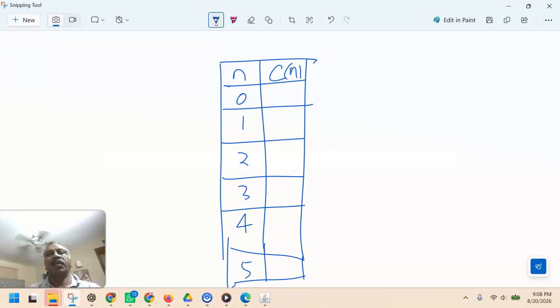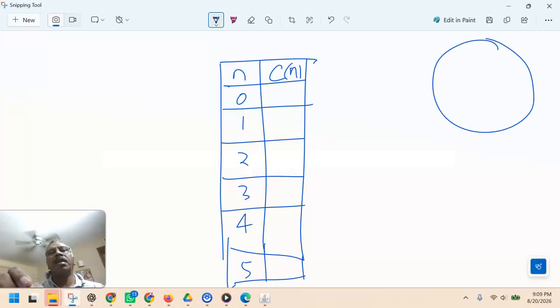So let me draw this figure. In the beginning, there's a big circle. Now I'm breaking this into three parts. This is the center. When you break this, one student comes. In the beginning, because it is the whole circle, we'll take the area as 1.